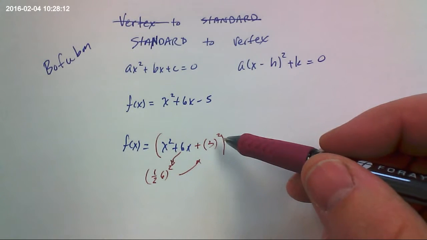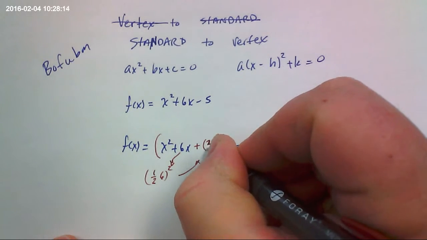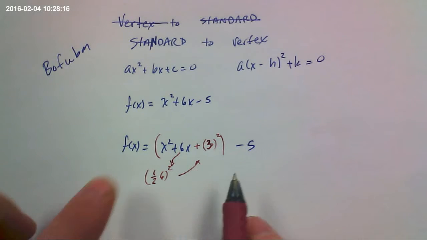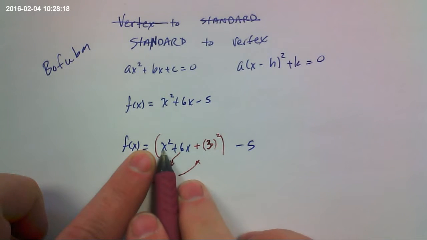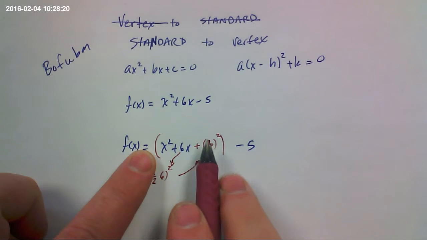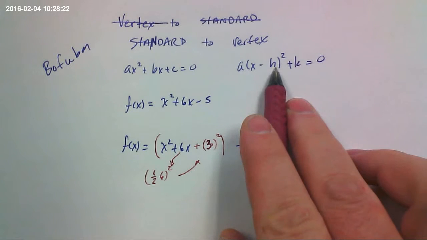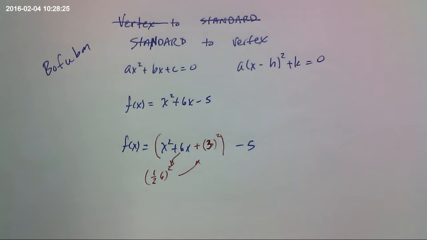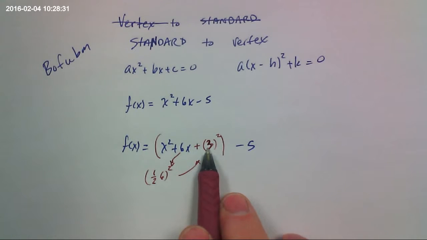What are we making a perfect square? This part. X squared plus 6x plus something, so that it's a perfect square. Now here's the hard part. I added 9, right?